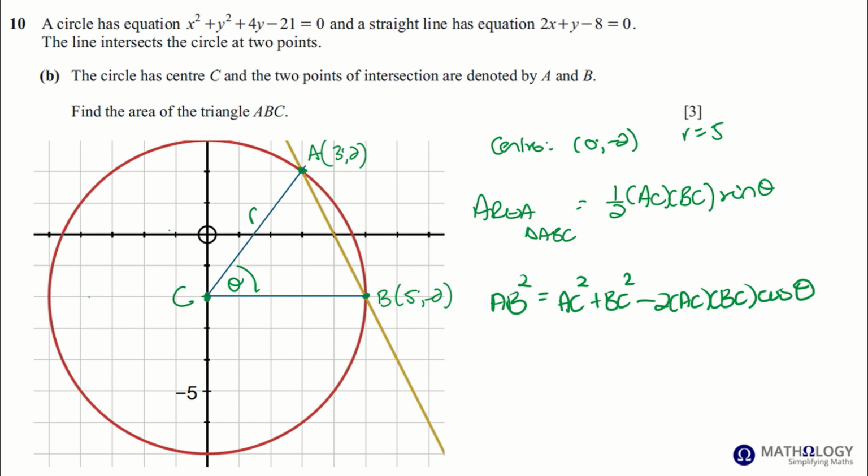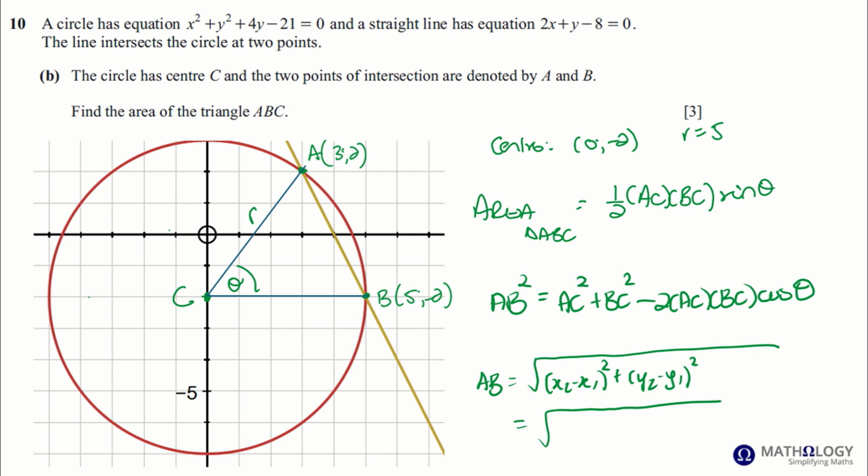We can use the distance formula to find AB. So AB equals the square root of x2 minus x1 all squared plus y2 minus y1 all squared. AB is the square root of 5 minus 3 all squared plus minus 2 all squared.